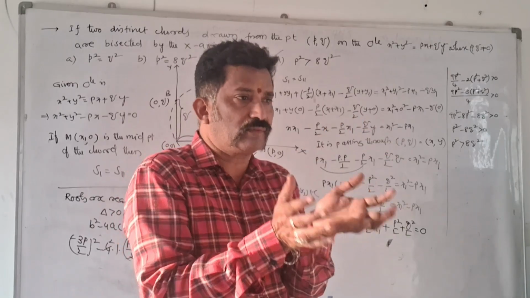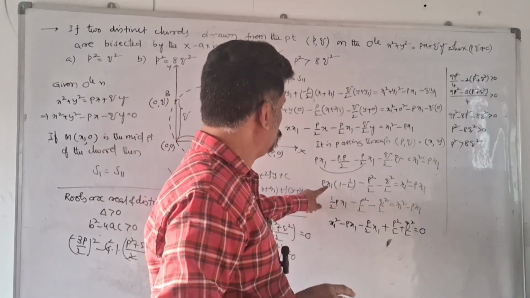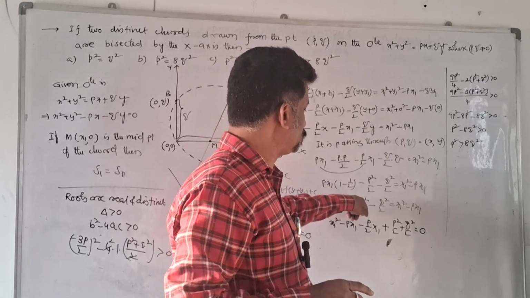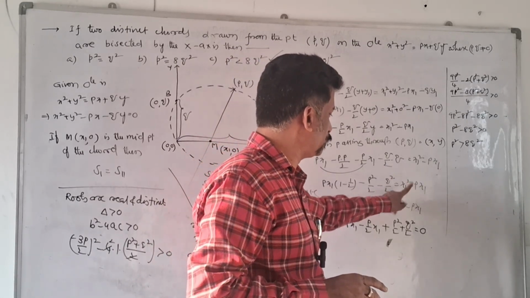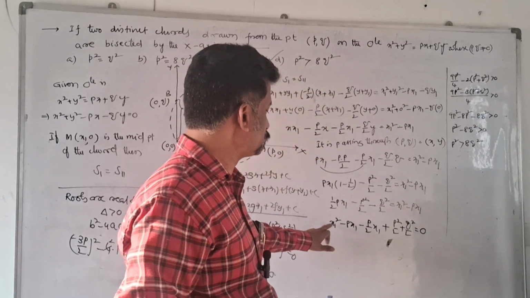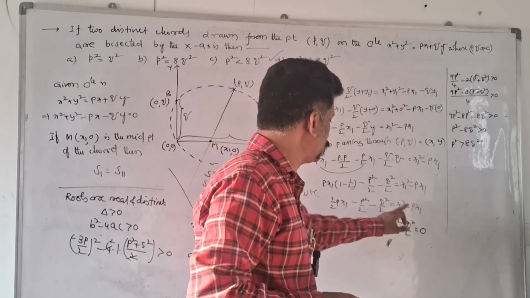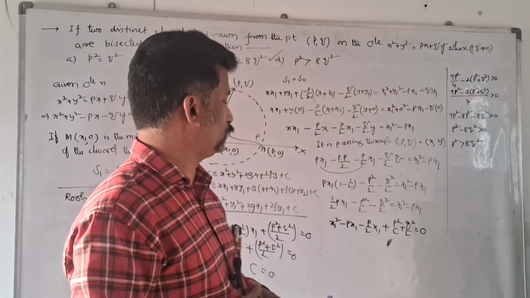This total equation is converted into a quadratic equation. So this one is 1 by 2 px1 minus p square by 2 minus q square by 2 minus x1 square minus px1. Shifting to the right side, x1 square minus px1 plus p by 2 x1 plus p square by 2 plus q square by 2 equal to 0.